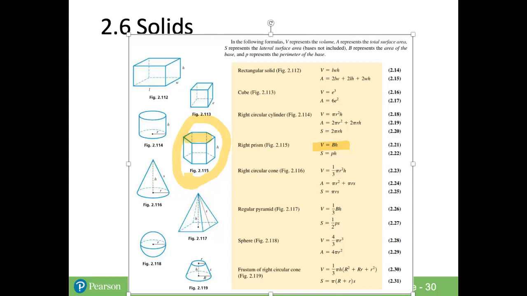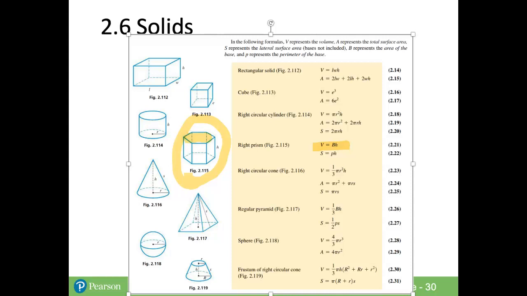So the base of the pyramid could be a square, a triangle, a hexagon, that sort of thing. The sphere is a solid in which both the surface area and the volume are based on the radius. And then the last one is the frustum of a right circular cone.